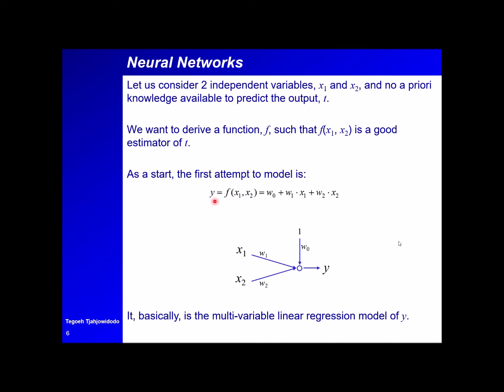If we have a very good model, then the difference between t and y will be minimal, because y tries to capture the output t. If the model is perfect, then y should be equal to t, or at least y should be as close as possible to t.